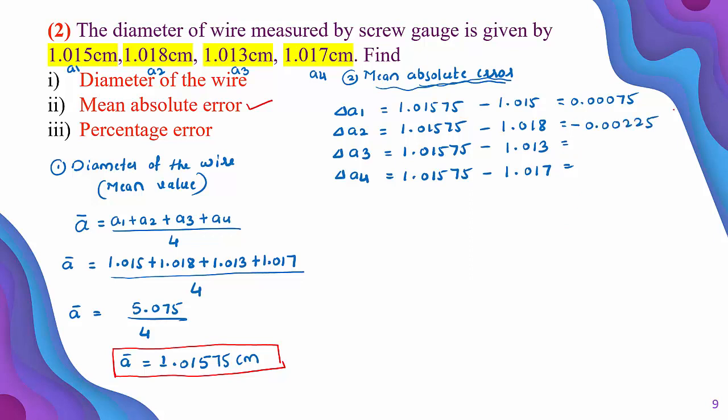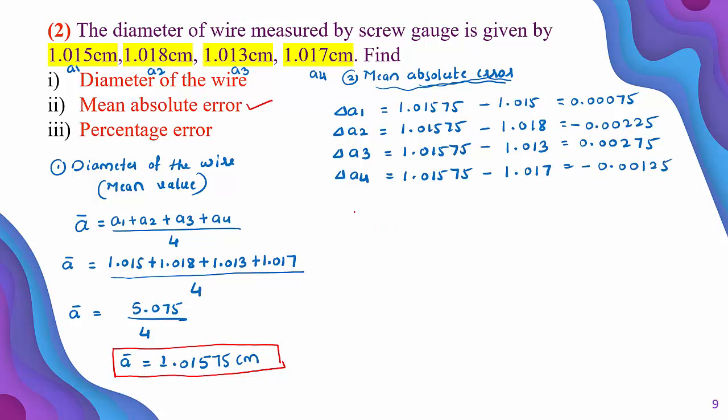Then similarly third one, 1.01575 minus 1.013. We will get the value 0.00275. Then similarly last one, 1.01575 minus 1.017. So we will get minus 0.00125. So these are the values of absolute error.